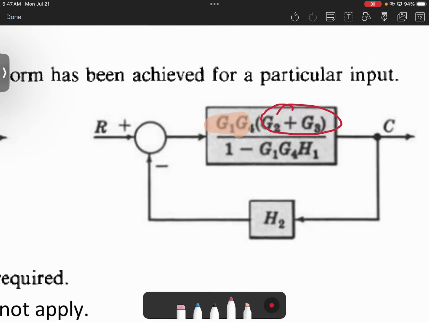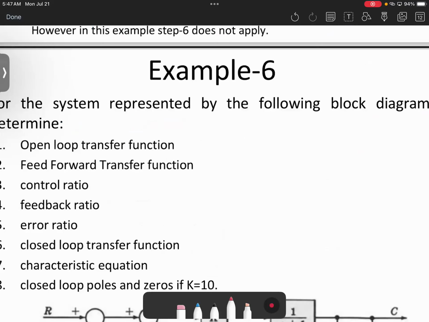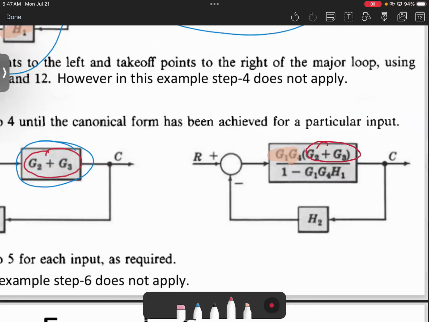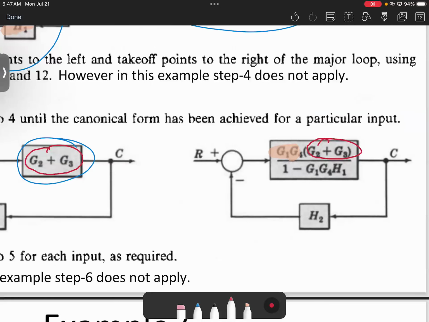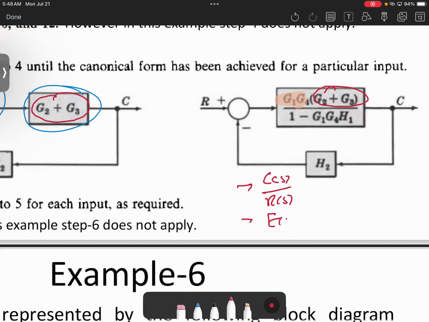That's it. The next thing, from this canonical form, is it the same example? No, it's a different example. But if we need to find the closed loop transfer function, we know how to find it, right? If we need to find the open loop transfer function, the error transfer function, like C of S over R of S, or E of S over R of S, or B of S over R of S, you know how to find this, right?